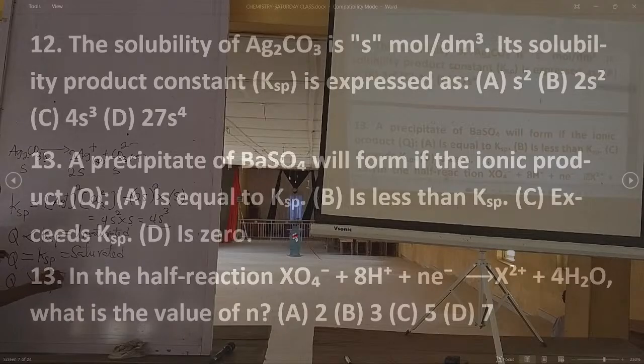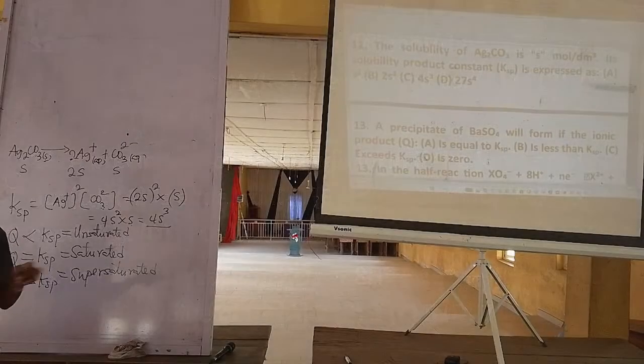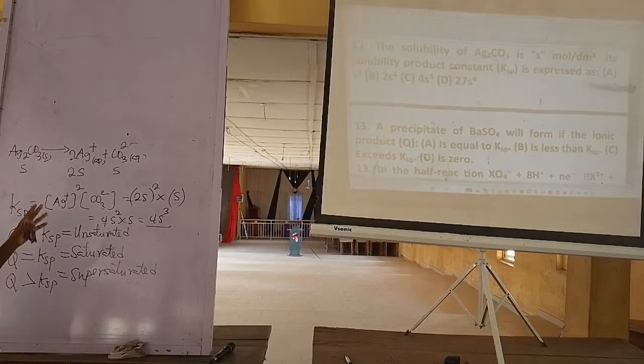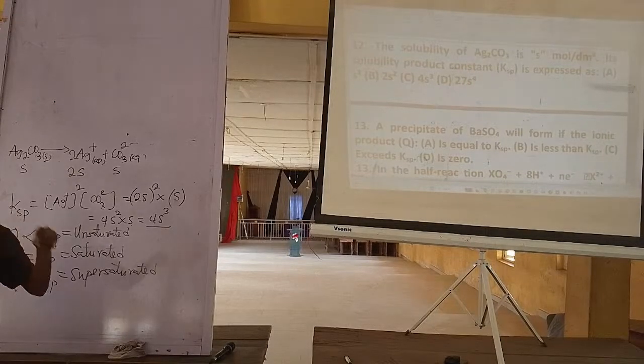When that happens, this is a supersaturated solution. So when we say a supersaturated solution, what does that mean? A supersaturated solution is a solution that actually contains more solute than it can normally hold at a particular temperature.